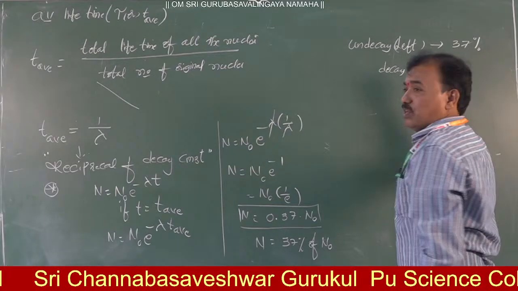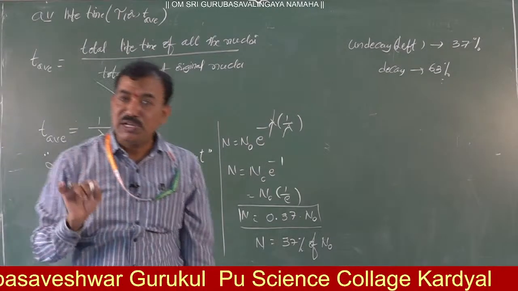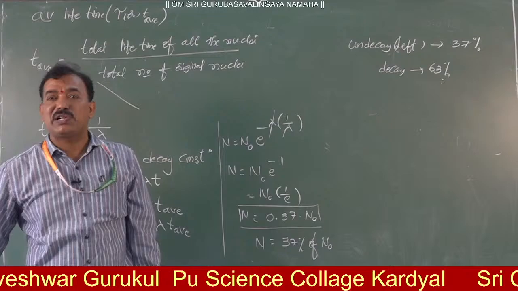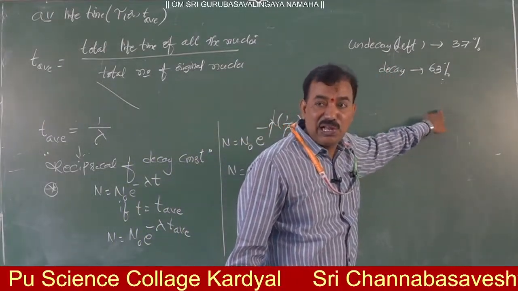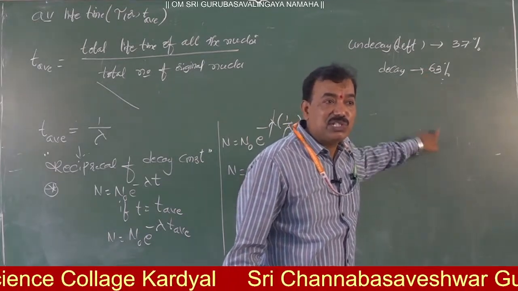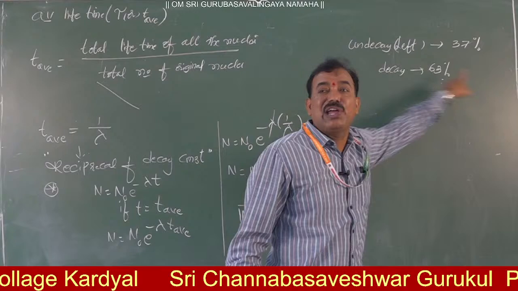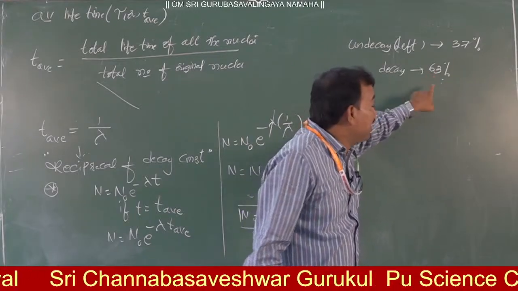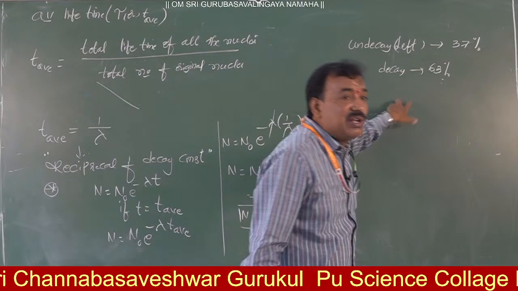So according to this value I will give one definition. The time interval during which 63% of the nuclei, or the activity of 63% of the nuclei, decays from the initial value is known as the average lifetime.